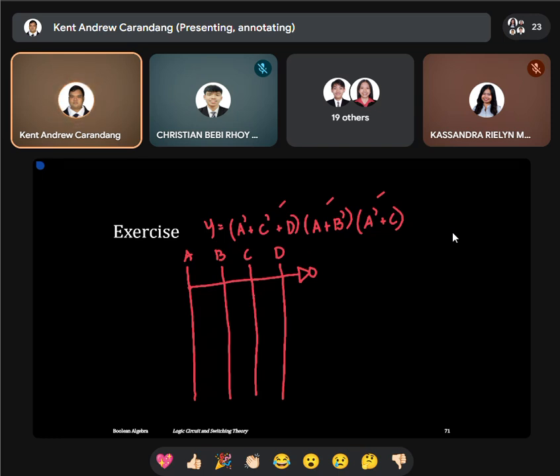C complement: here is C, and then a NOT gate. And then D. So we have here three inputs going into an OR. So this is an OR group.